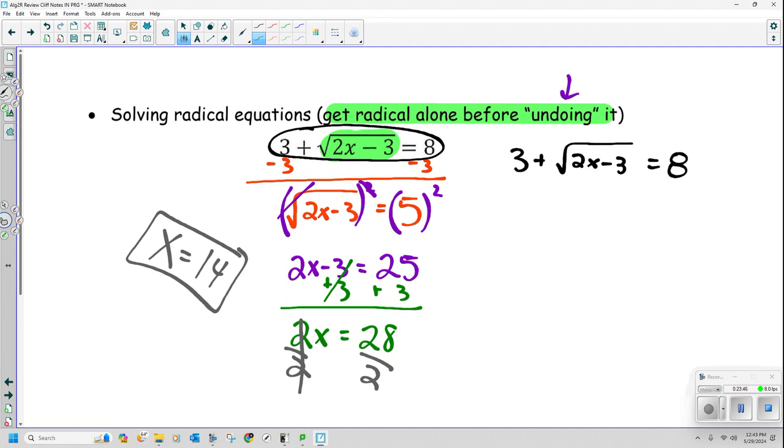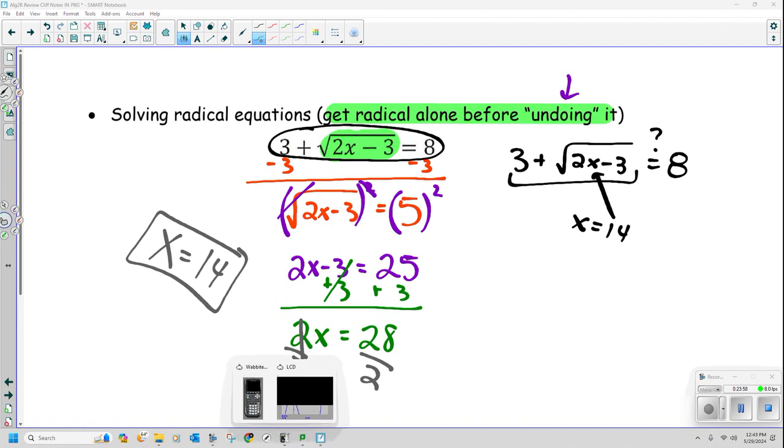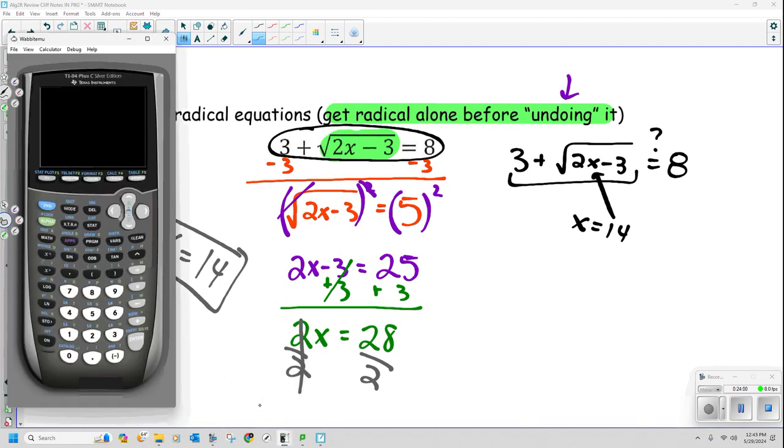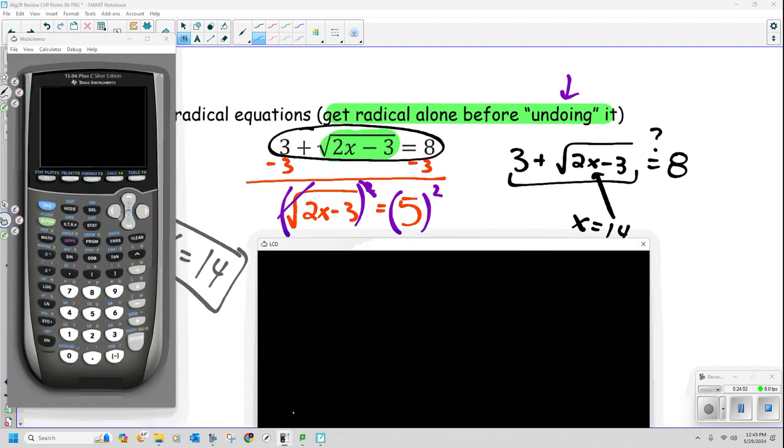They're not telling me to check this, so what I'm going to do is put this in the calculator, and I'm going to make my x 14. And I'm going to see if it equals 8. So here we go.